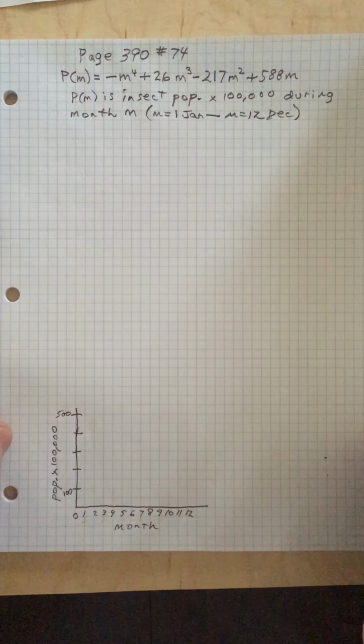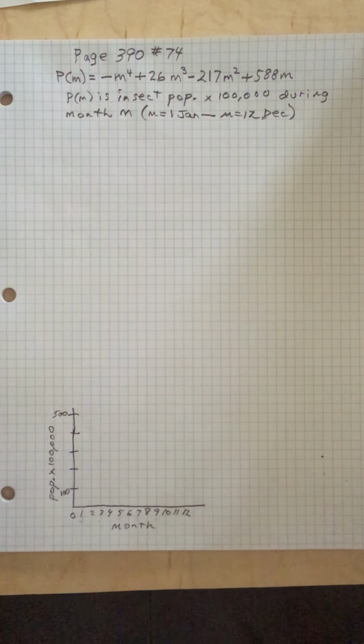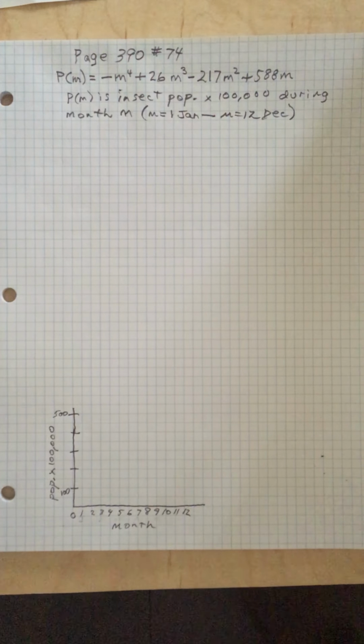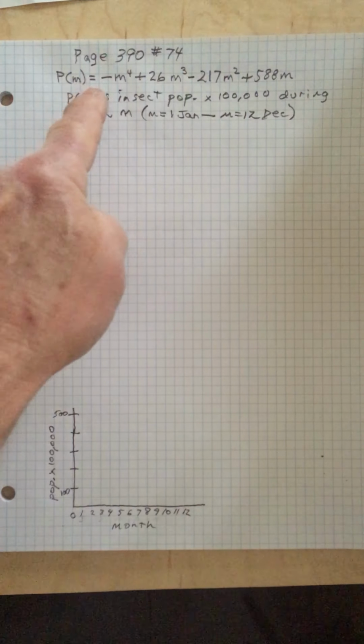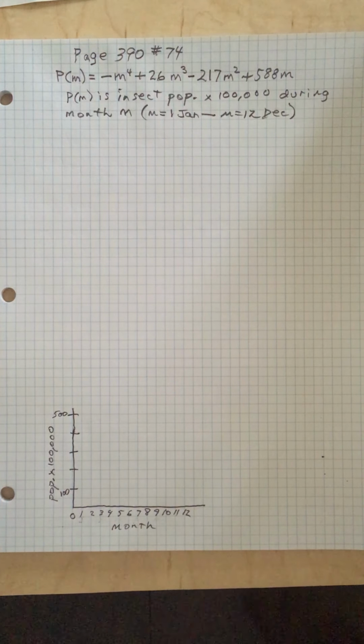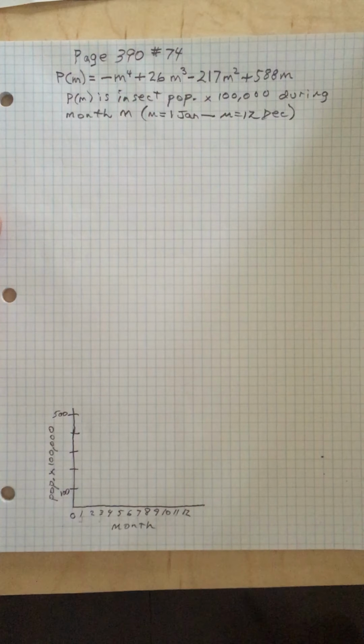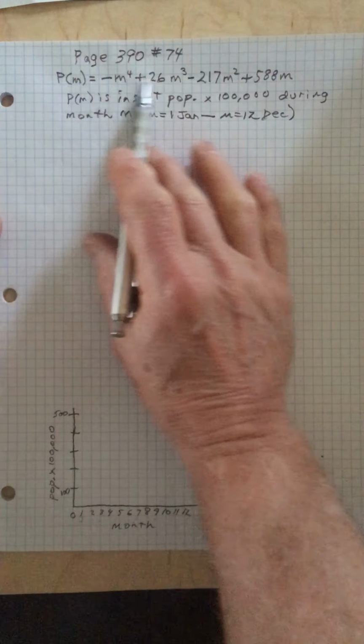Let me get this. Let's see, you can read it. This is an example of using all this stuff and starting with the equation here. This comes from a word problem on page 390, number 74, if you want to look at it later and take a look what I did here. But basically, this is any polynomial function right here.